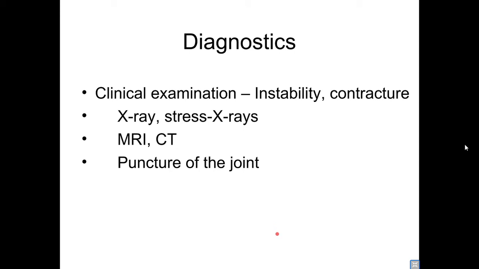Usually we make an X-ray, and when we have some doubt about meniscus tear, only in this case we will make an MRI, but not in the first 24 hours. Maybe in the first week after the pain is under control, and then we will complete our clinical picture with MRI.